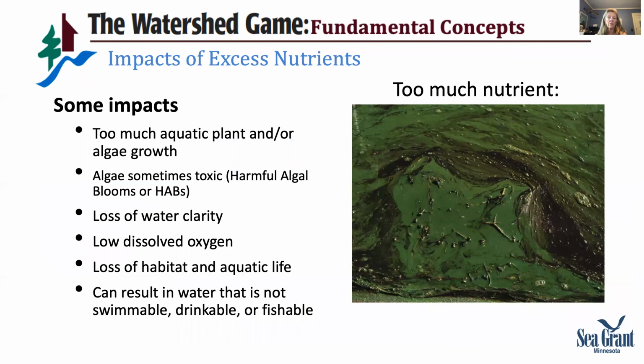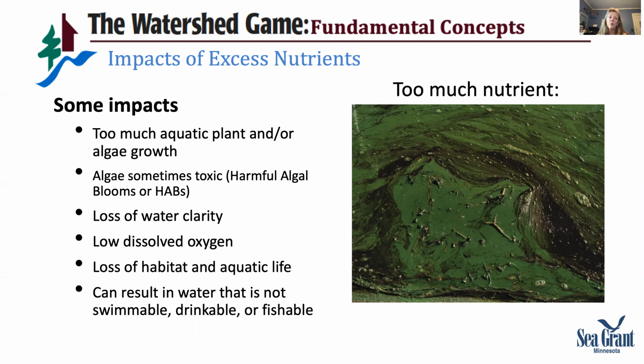So impacts of excess nutrients. This is so short of a list because there's so much more, but at least it gives you a feel for it. Certainly too much aquatic plant or algal growth. And it's usually one or the other, because one of the things that can happen with too many nutrients or sediment coming in is you can lose water clarity. And that can mean that the algae do better than the aquatic plants, which need a lot of light to penetrate to support them.